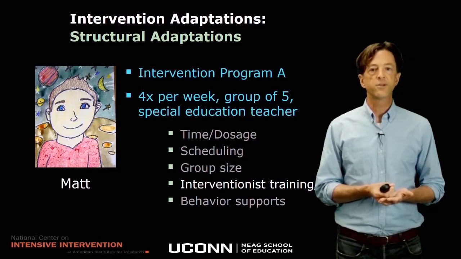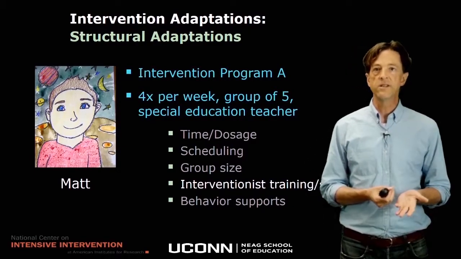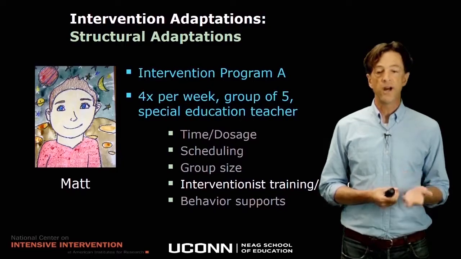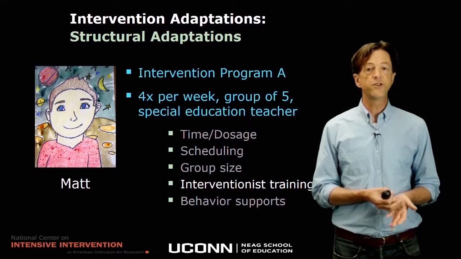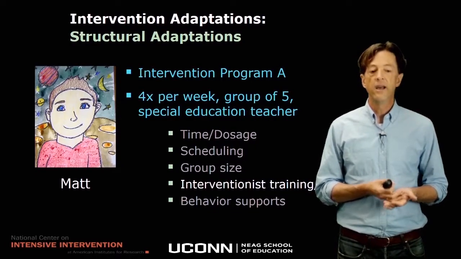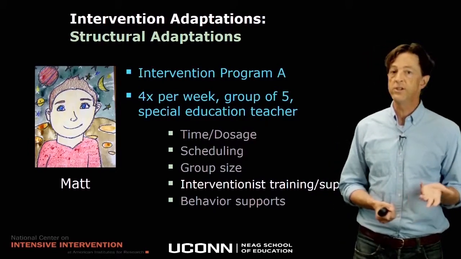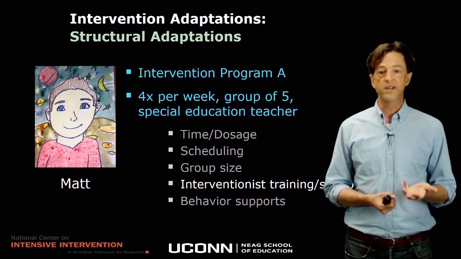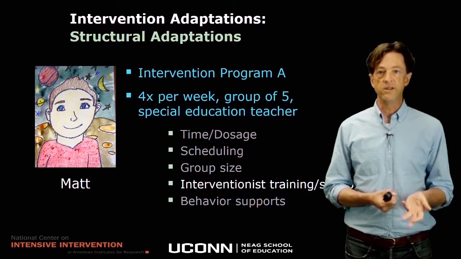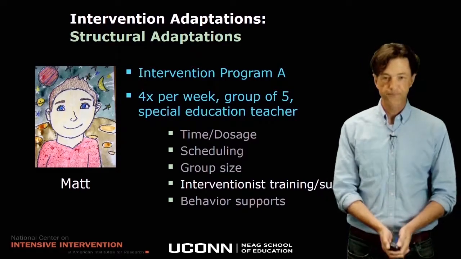Maybe there's another specialist in the school that has advanced expertise in intervention A. Another option would be that the interventionist or the special education teacher that's providing this intervention could receive additional training in intervention program A. And we know that the level of expertise and familiarity and fluency with intervention programs makes a difference in their effectiveness and how well they align with the needs of students that have significant reading difficulties.